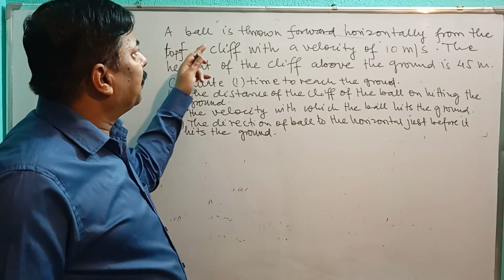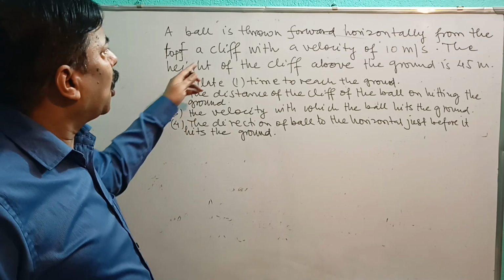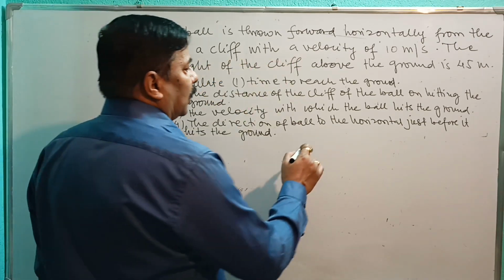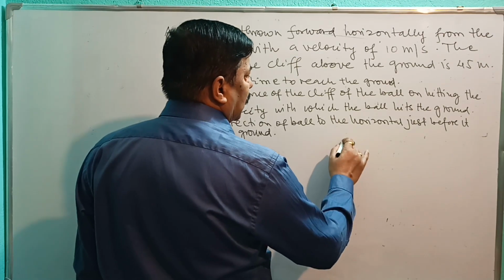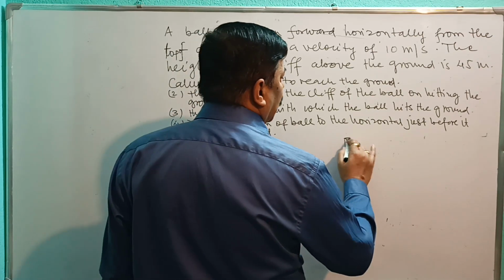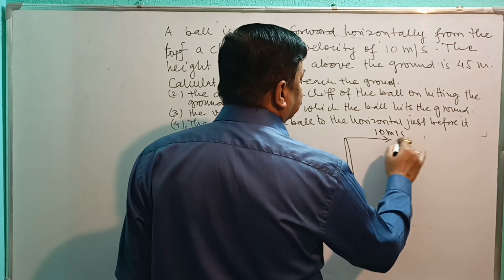So first problem: the ball is thrown forward horizontally from the top of a cliff with a velocity of 10 meters per second. Now here is the cliff, and in this cliff the ball is thrown horizontally with 10 meter per second.